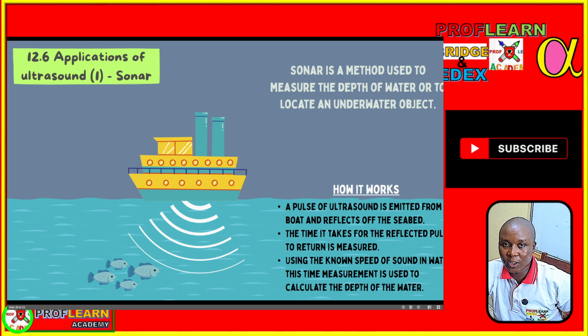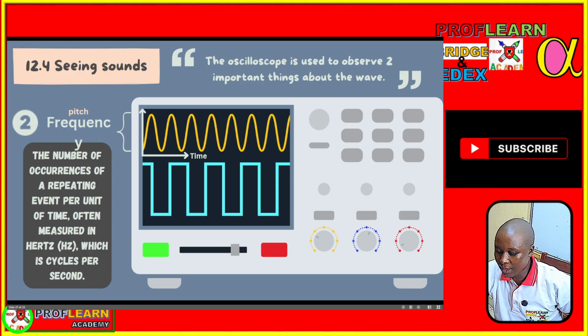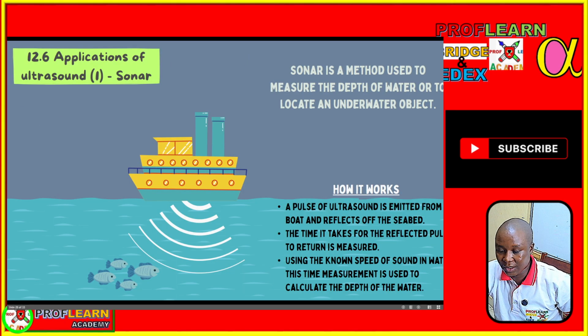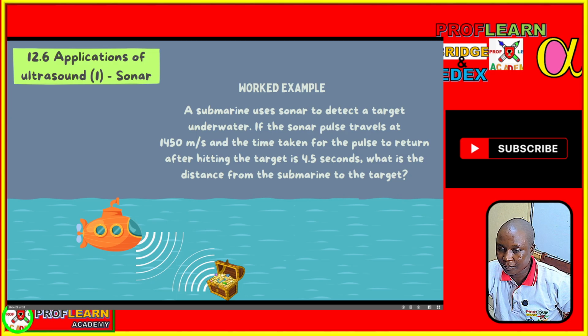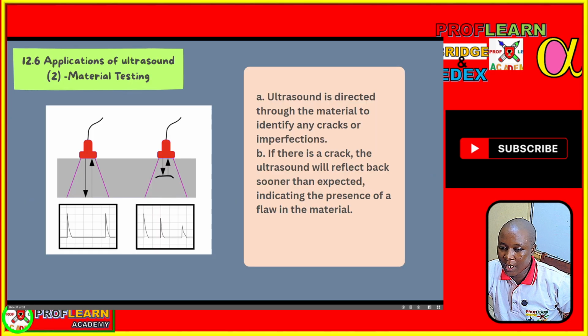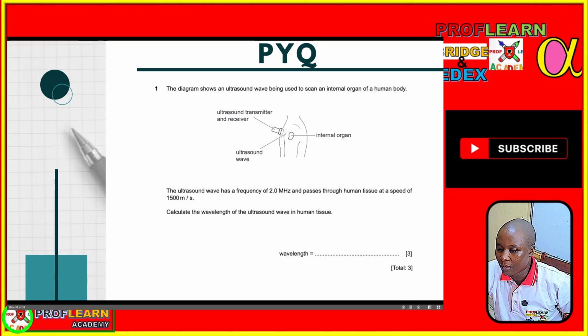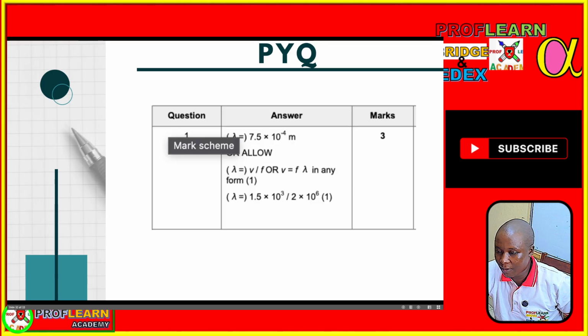Remember, if we know the speed of sound in water and the time taken for the pulse to be produced until it's received back, we can apply the formula and get the distance or the depth. We can also take some time to work out the questions we have here, and the solution is there.